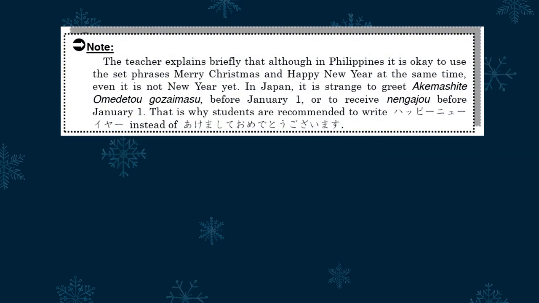Please take note that the teacher explains briefly that although in the Philippines it is okay to use the set phrases Merry Christmas and Happy New Year at the same time, even if it is not New Year yet, in Japan it is strange to greet Akemashite omedetou gozaimasu before January 1 or to receive Nengajo before January 1. That is why students are recommended to write Happy New Year instead of Akemashite omedetou gozaimasu.